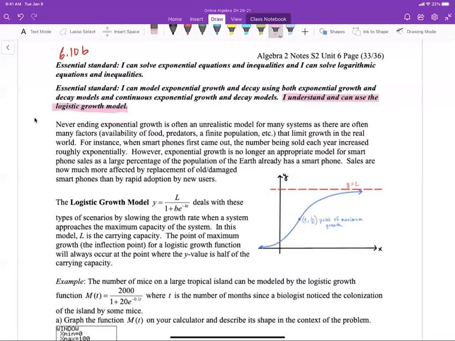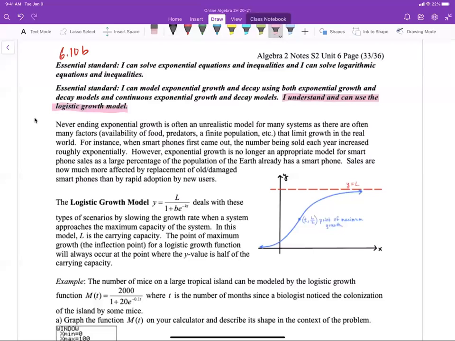And here's an example. When smartphones first came out, the number being sold each year increased roughly exponentially. However, that exponential growth is no longer an appropriate model for smartphone sales, because as the population purchases smartphones, it will no longer follow exponential growth.